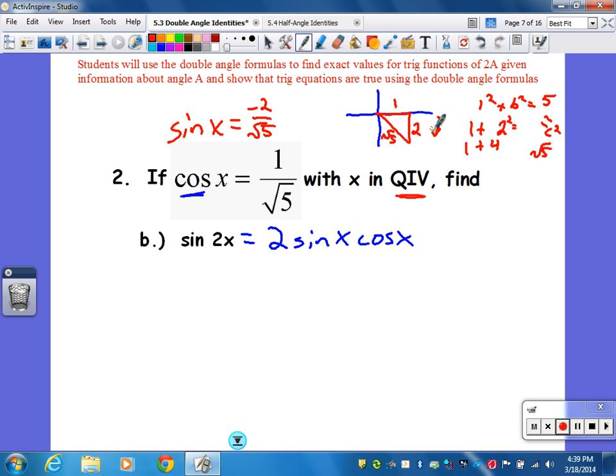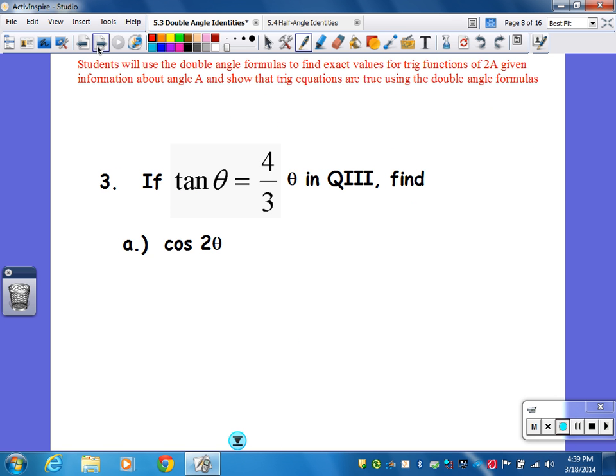So now we have our sine x and our cosine x, so we're going to go 2 times sine x, which is negative 2 over square root of 5, multiplied by cosine x, which is 1 over the square root of 5. If we just do the math now, we're going to get negative 4 over 5. Okay, let's keep on going, keep on trucking.